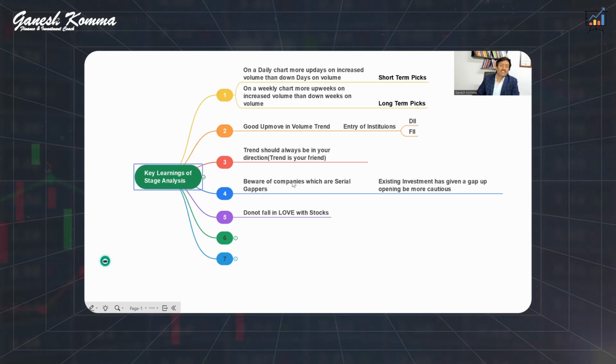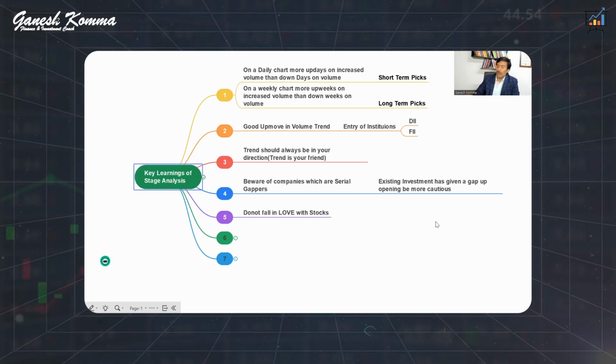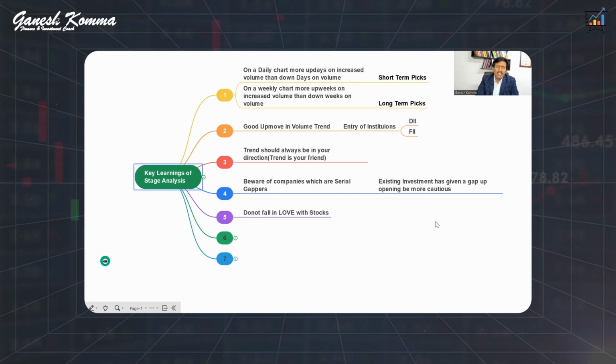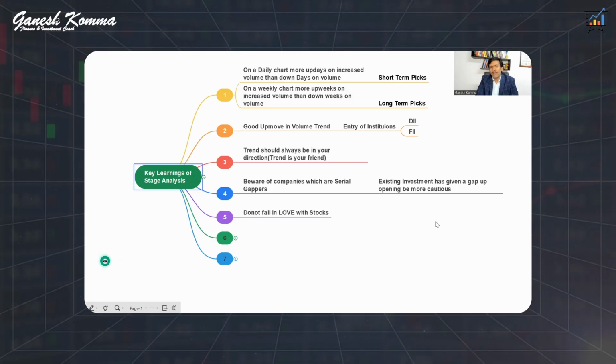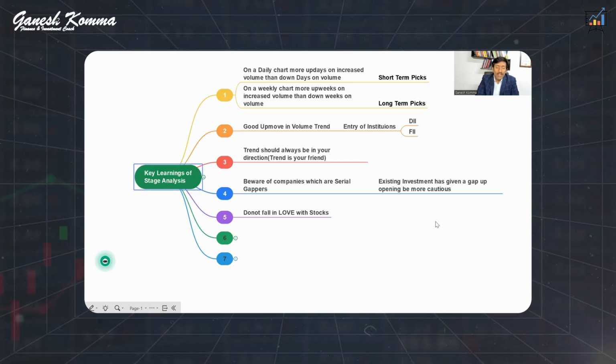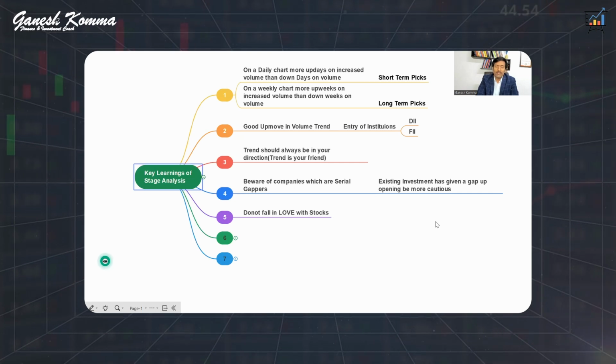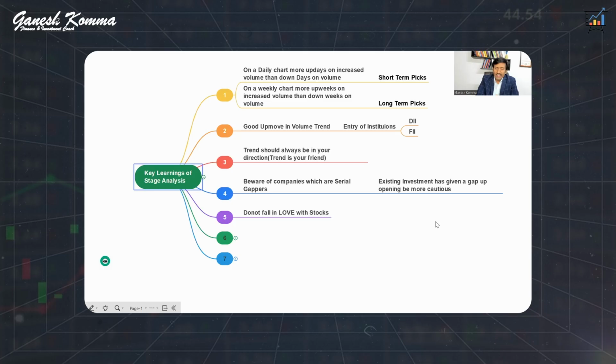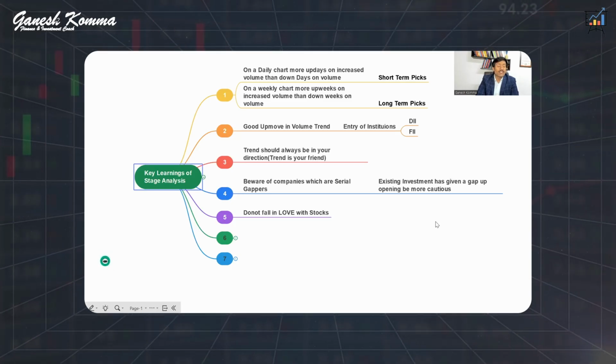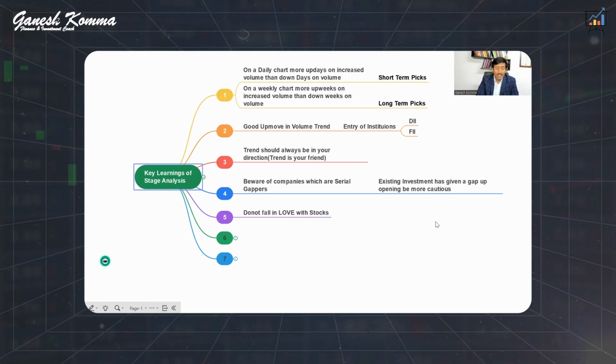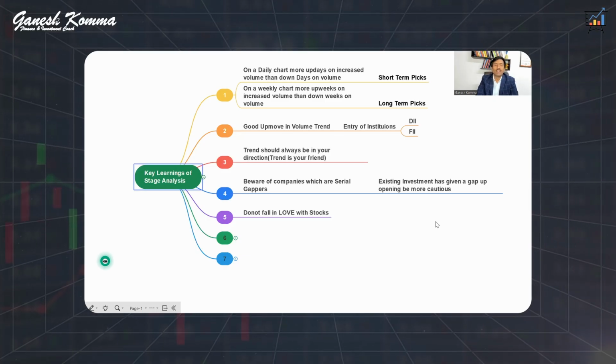I've already made 60, 70% profit. I think it will rebound. It will be back. Do not fall in love with the stocks. If you see some weakness, reduce the position, or even if you feel it's good to exit that stock, it's completely fine, because you always get re-entry.